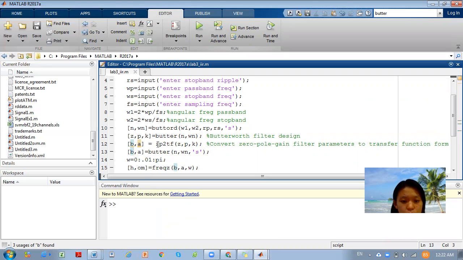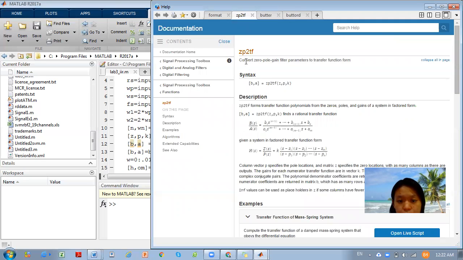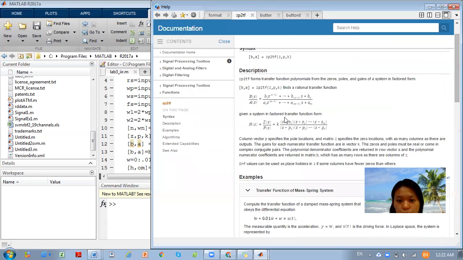Okay, so next, we convert our zero pole gain filter parameters to a transfer function form. So we are using zp2tf, zero pole to transfer function. For information, you can just find it here. Okay, this is to convert the zero, pole and gain parameters to the transfer function. This is the format, to find a rational transfer function.